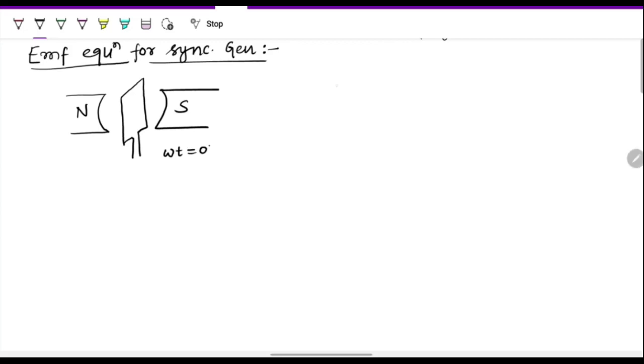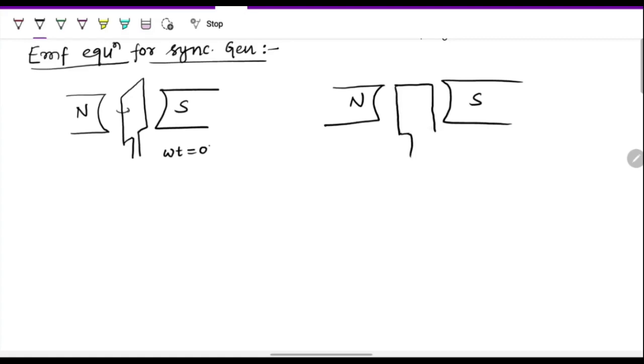And let us consider another example when this coil has moved by an angle, omega t equal to 90 degree. Then the same machine will look like this.